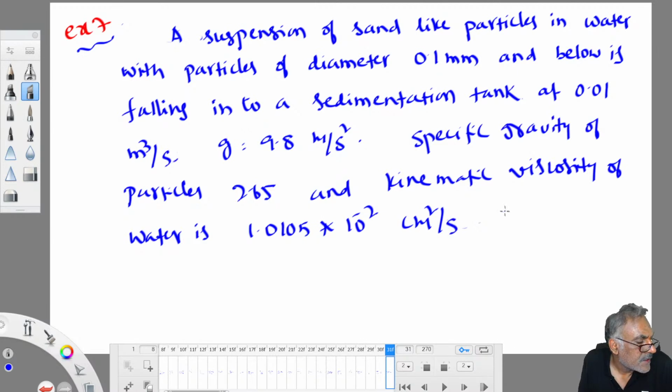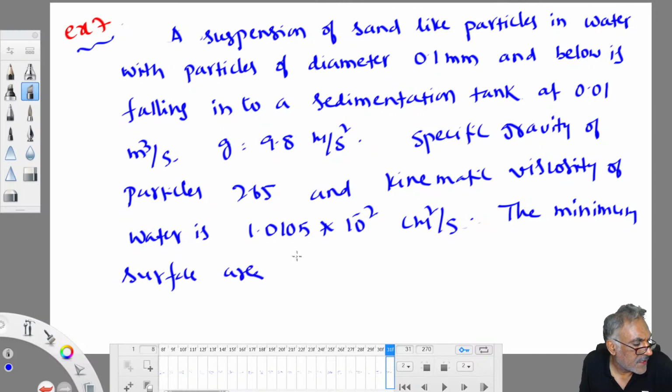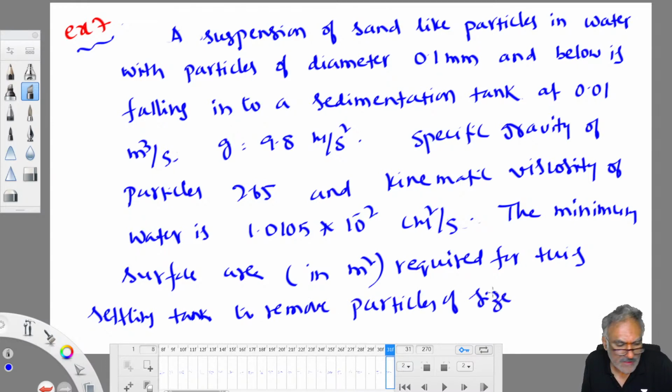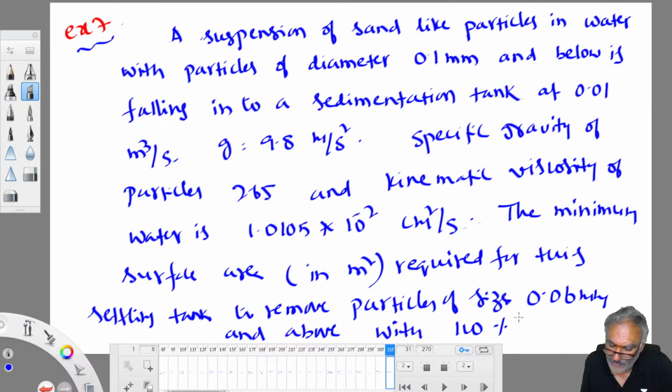The minimum surface area in meter square required for this settling tank to remove particles of size 0.06 mm and above with 100% efficiency is dash.